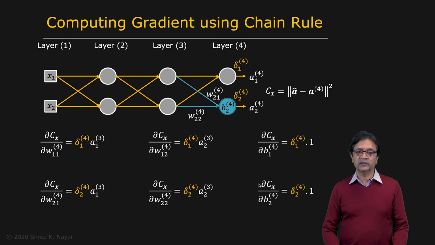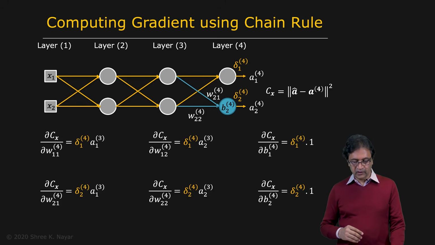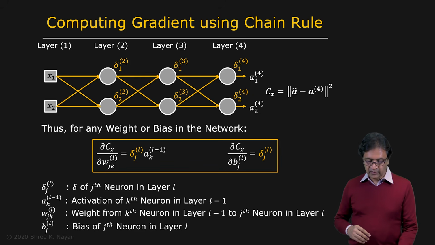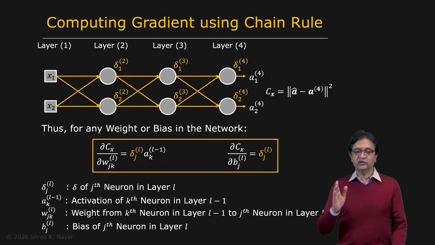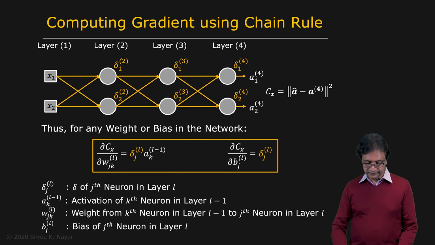And so all of those have been computed without doing finite differences. Okay, so now, as long as we know the deltas for any layer, we can find the derivatives of the cost with respect to the parameters of the neurons for that layer.